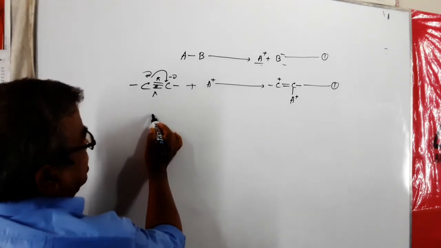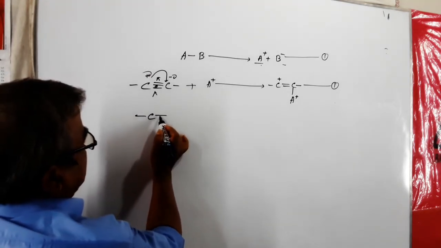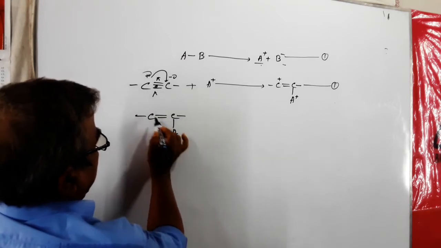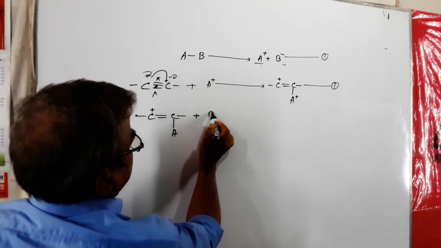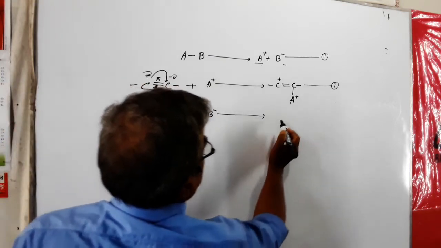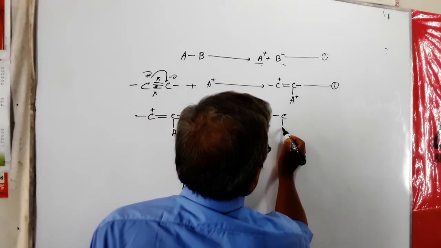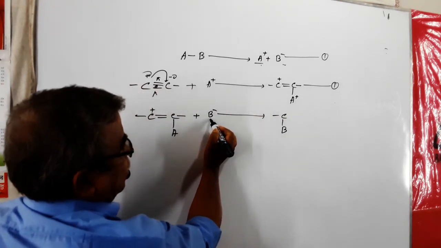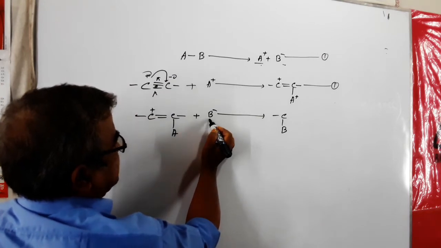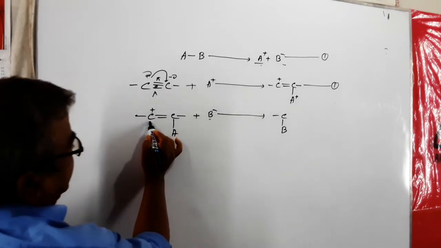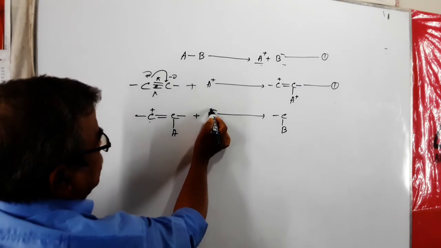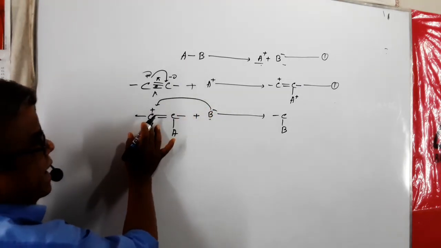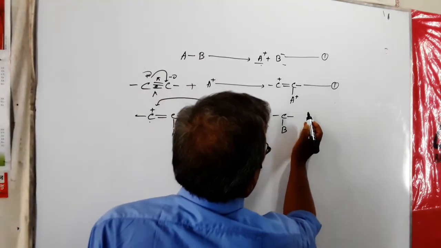Again this carbocation is attacked by a nucleophile, at the site where there is electron deficit, and B minus, that is the nucleophile, attaches in that area.